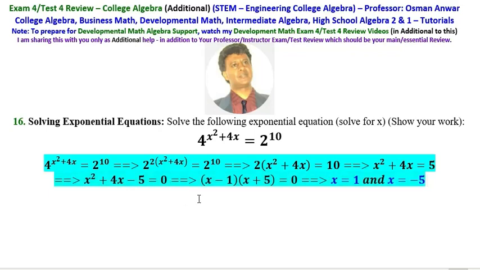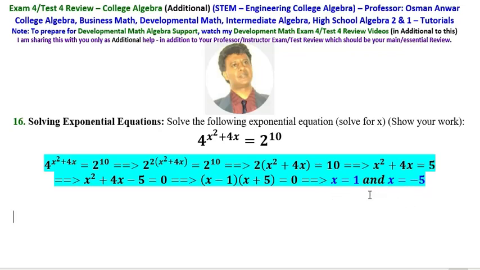Then this can be factored as x minus 1 times x plus 5. That means either x minus 1 equals 0, that is x equals 1, or x plus 5 equals 0, that is x equals minus 5. So the solutions are x equals 1 and x equals minus 5.